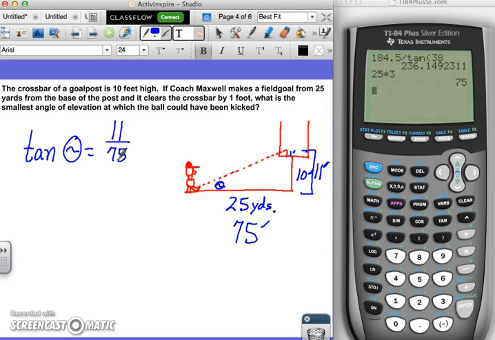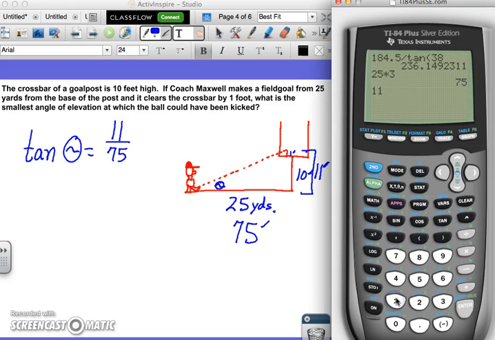So, well, I want degrees. Remember, if we want to get from a decimal to degrees, we can find 11 divided by 75. If we did that, it's just some number out here, a big, long, ugly decimal. But we want degrees. We've got to use the inverse function.